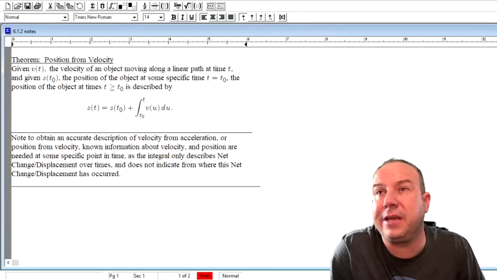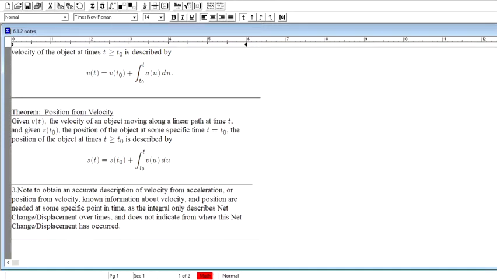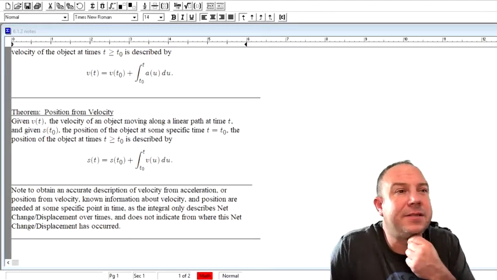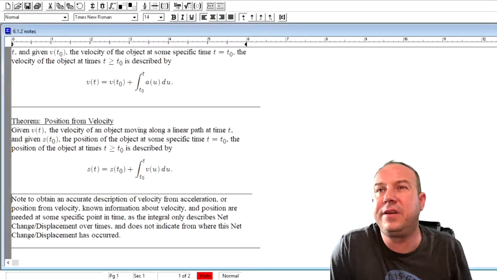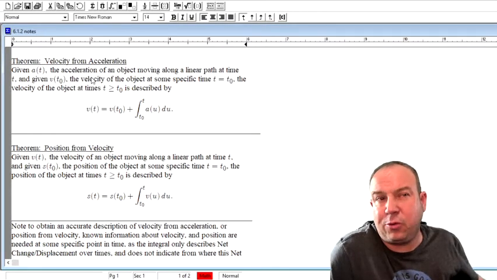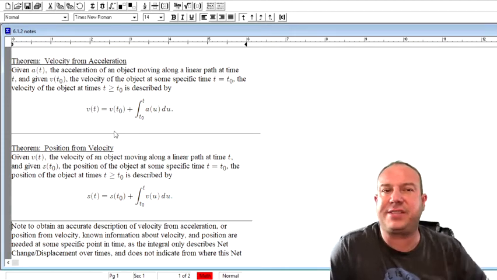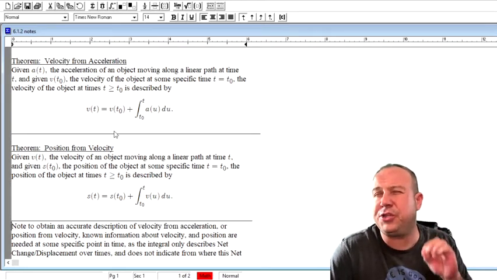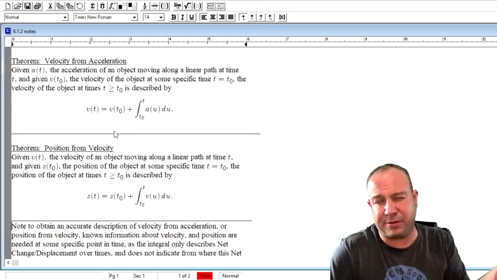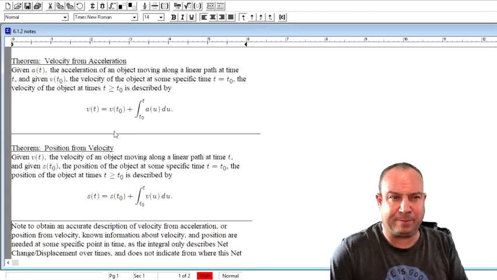Note that in these two theorems, accurate descriptions of velocity from acceleration or position from velocity, you have to have some known information about an observed velocity at a particular time or an observed position at a particular time. All right?